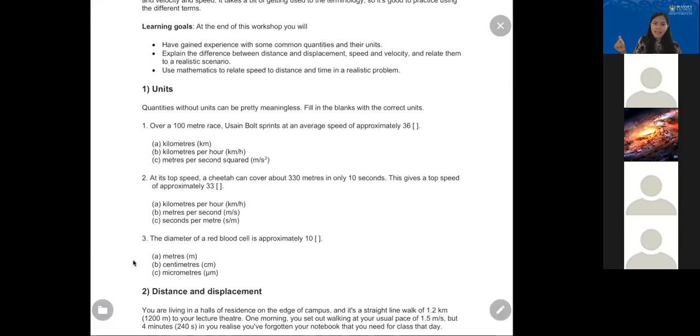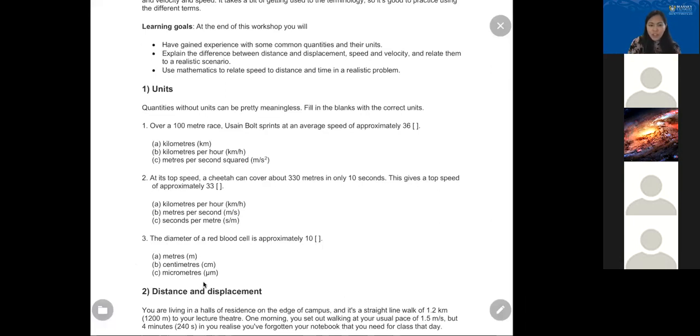For example, in the third question, the diameter of a red blood cell is approximately 10 something. Does it make sense whether it's 10 meters, 10 centimeters or 10 micrometers? So it's about sensible units and magnitude of things.